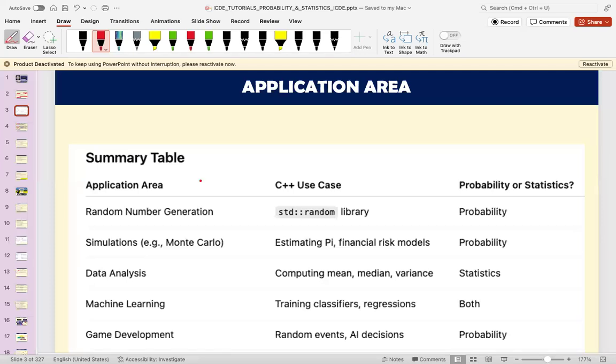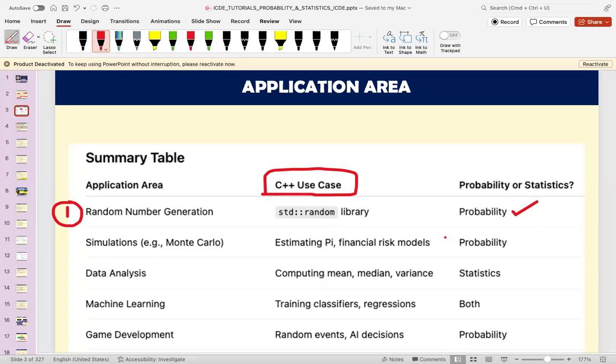There is a common area which you may come across as you move along in your career called random number generation, where we use the C++ program to generate some numbers. Now, the theory behind the generation is under probability, which we shall look at very soon.